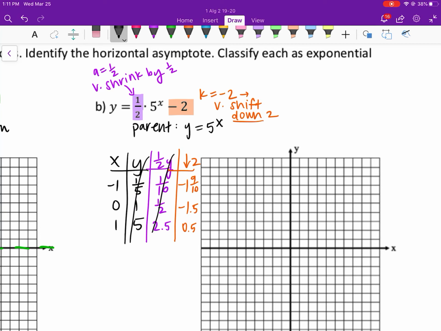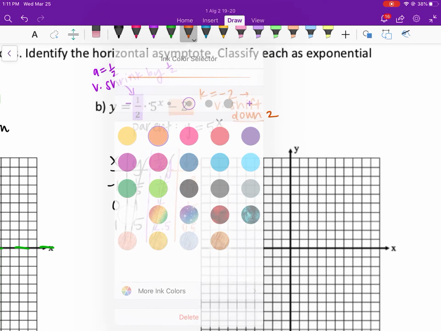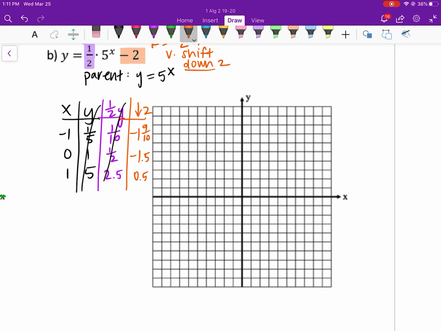So left 1, down almost 2, just shy of negative 2. Then (0, -1.5), so barely above that, and (1, 0.5), so just like that.